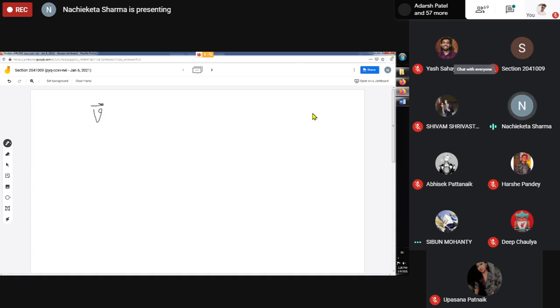The velocity of a point P with respect to A, this I am using, is equal to the velocity of P with respect to B plus the velocity of the point B with respect to A. So this is the equation I have learned in 3D.